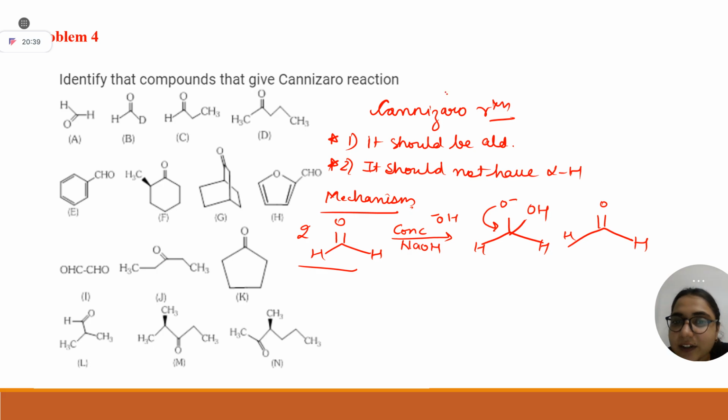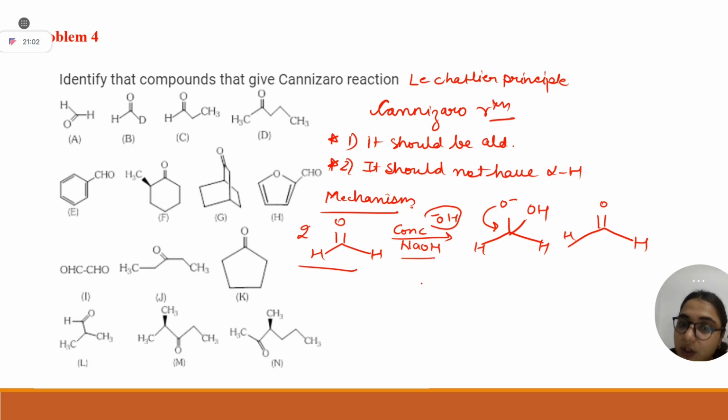Can anyone tell me what is Le Chatelier's principle? You have studied this in chemical equilibrium. According to that, in the question they are saying that you have plenty of base, concentrated NaOH.